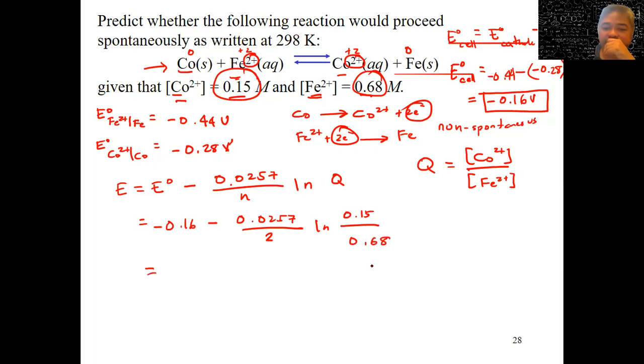Now the question, if you're going to solve this whole problem, will you get a positive E? Kasi for the system to become spontaneous, the value of your cell potential should be positive, because at the standard cell potential, it is negative.